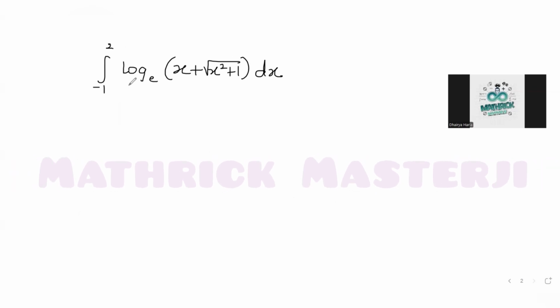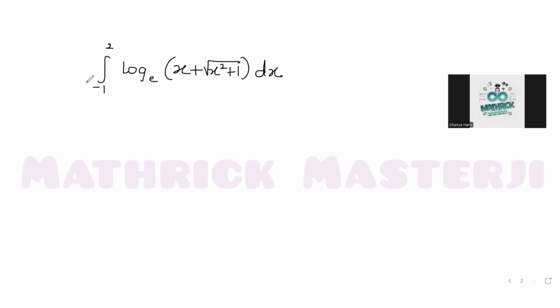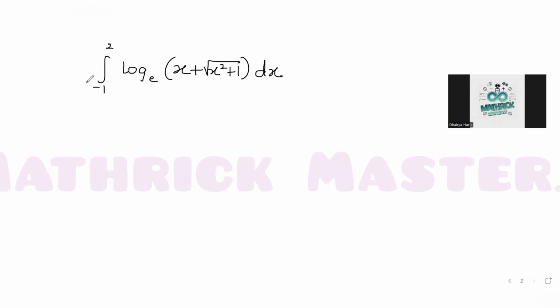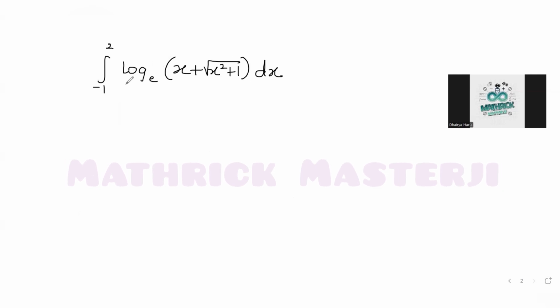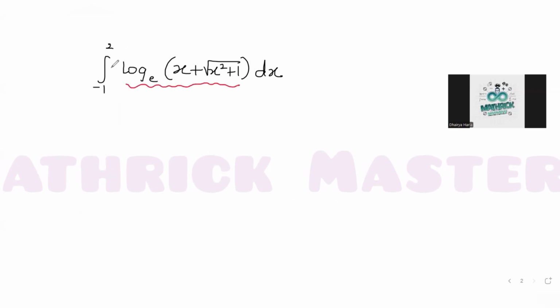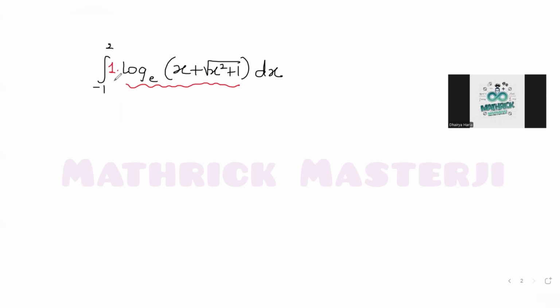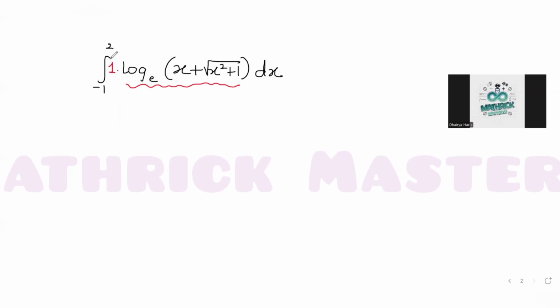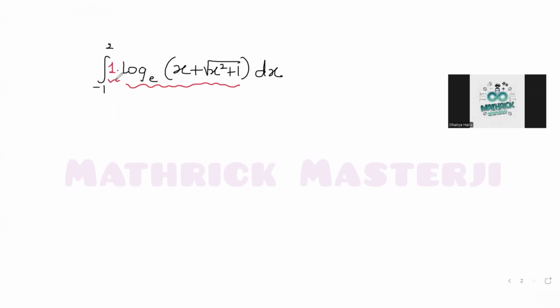This is the only one function I have. To make it a product of two functions, I can write it as this function multiplied by 1. So I have to find the integral of the product of these two functions.